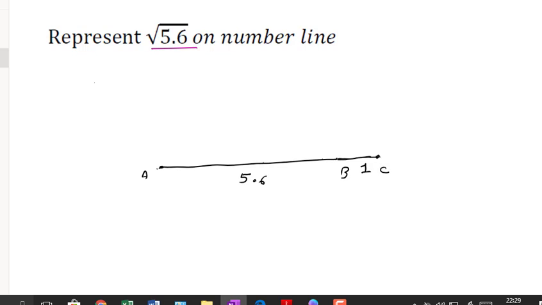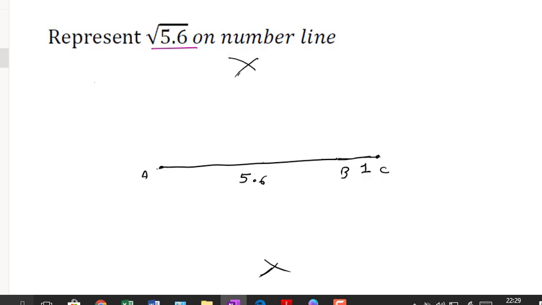Then taking A as center, you draw one arc on the upper side and one arc on the lower side. With the same radius, I take C as center and cut this arc. So it will cut like this.